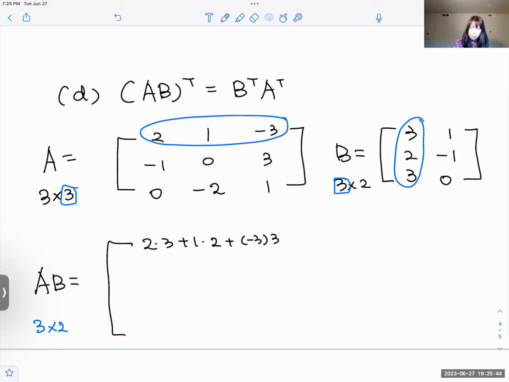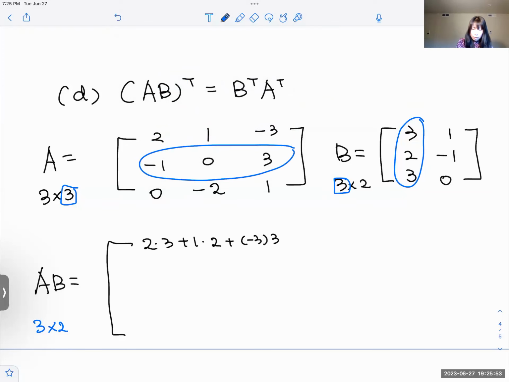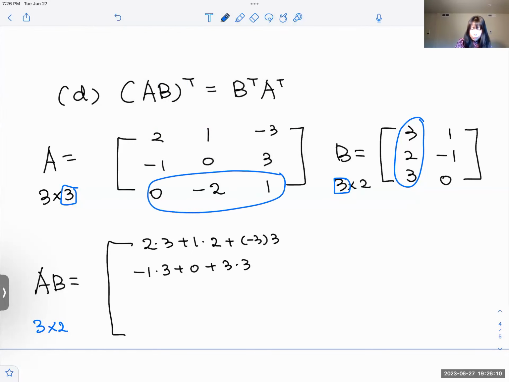Now second row: negative 1 times 3 plus 0 plus 3 times 3. All right. Third row: 0 plus negative 2 times 2 plus 1 times 3.